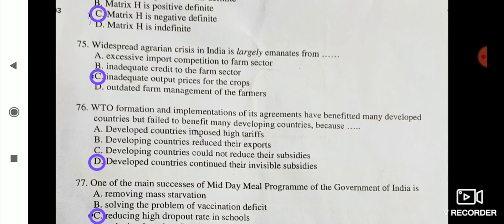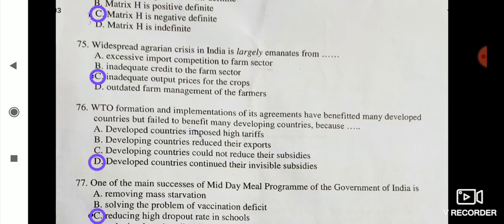The next, widespread agrarian crisis in India is largely emanates from, given options are excessive import competition to farm sector, inadequate credit to the farm sector, inadequate output prices for the crops, outdated farm management of the farmers.